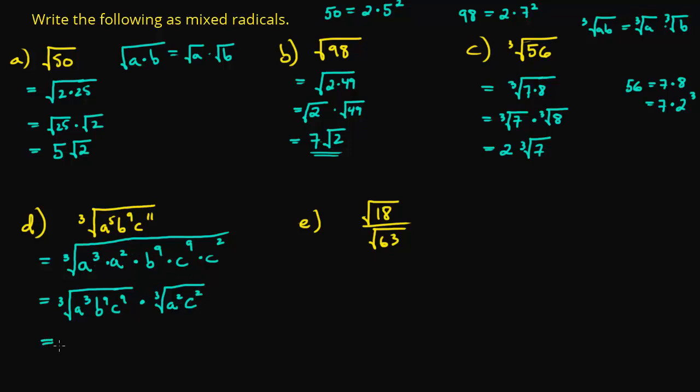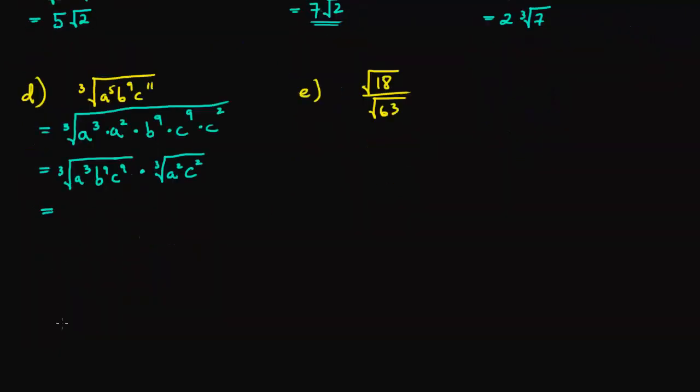Okay, so why is that helpful? Well, now I have the cube root of a to the power of 3 times b to the power of 9 times c to the power of 9. So let's think about what the cube root of a cubed would be. Well, the cube root of a cubed is just a.